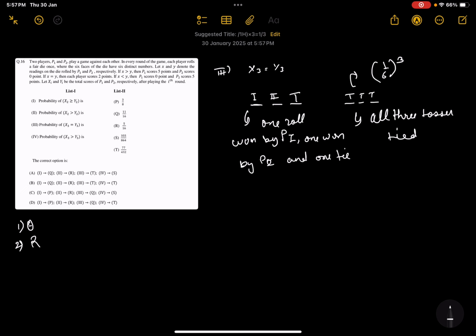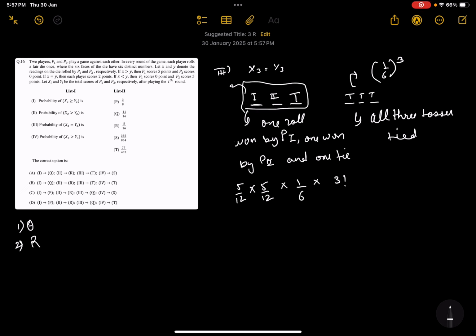For the second, P1 winning is 5 by 12, P2 winning is 5 by 12, and the probability of a tie is 1 by 6, into 3 factorial, because we must decide which game is won by whom and which game is tied.